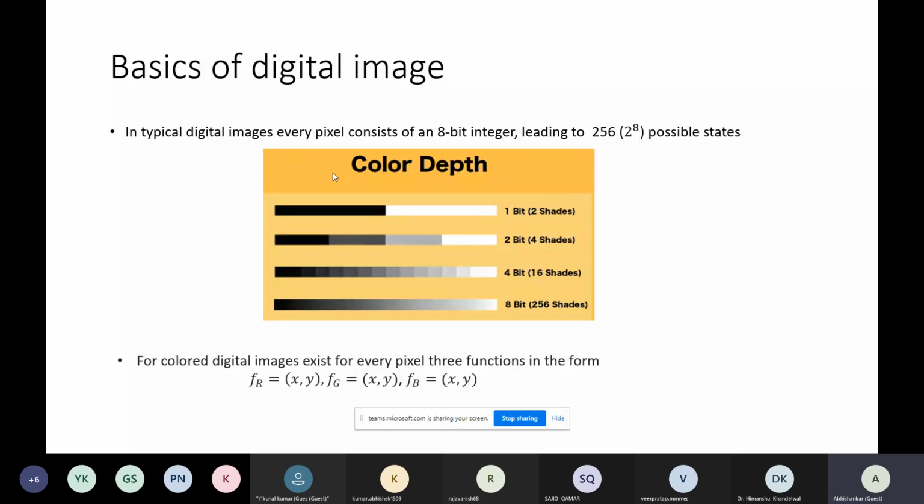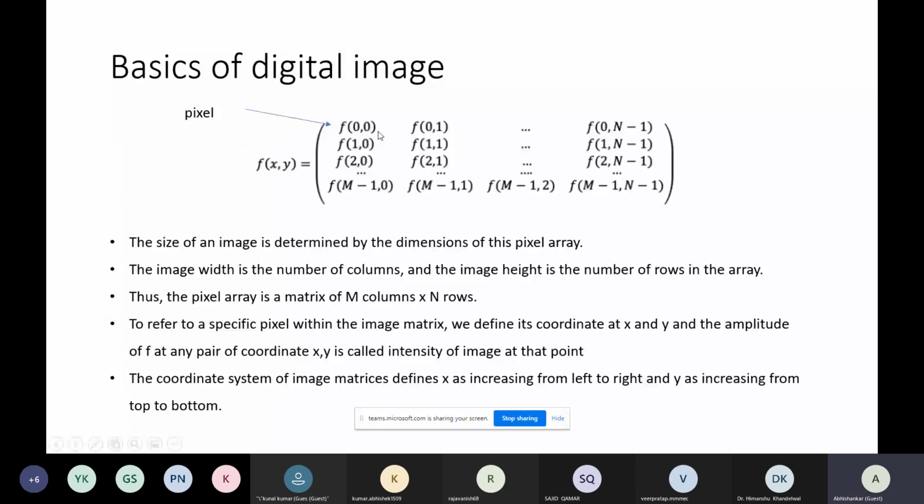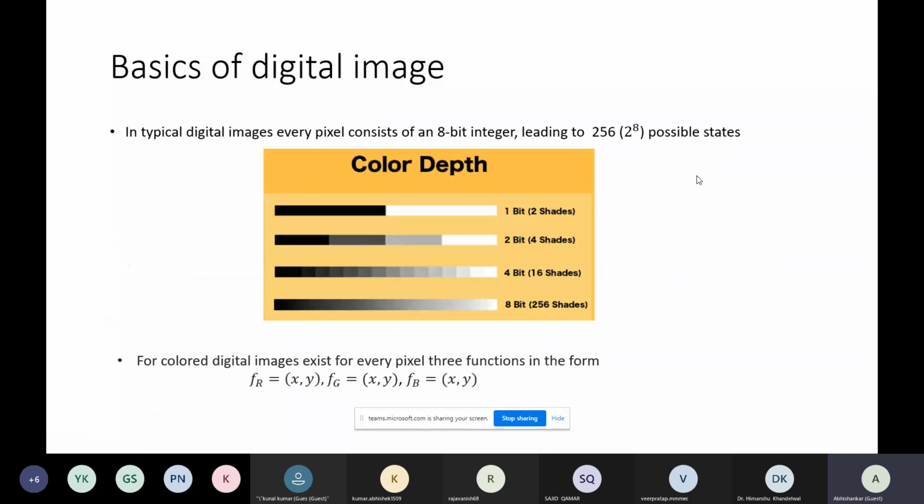Every frame is again represented as a pixel array or pixel matrix. So R will have this form, G also has this form, and B also has this form.